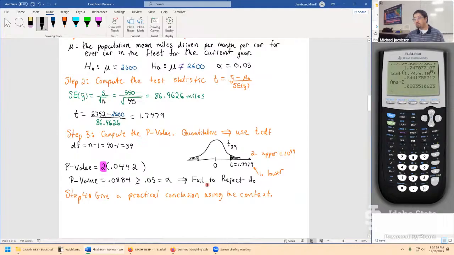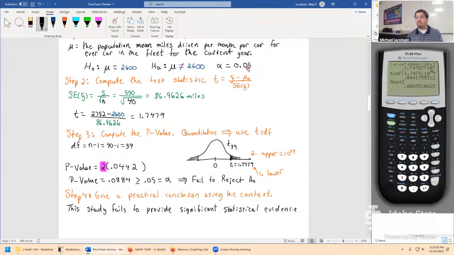So because we failed to reject the null hypothesis, let's start off by saying this study fails to provide significant statistical evidence. This is at the 5% significance level.